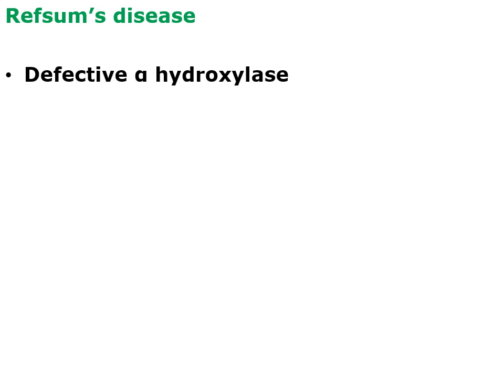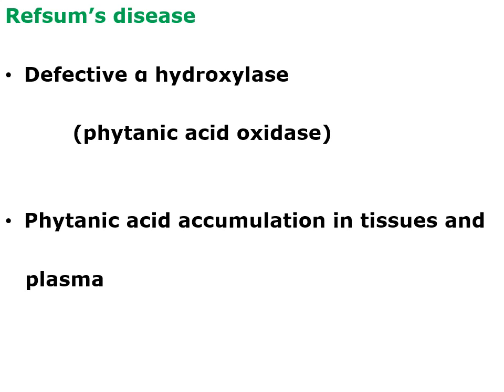When this is defective, it leads to a disorder called Refsum's disease. In Refsum's disease, alpha oxidation is defective because of a defect in alpha hydroxylase, which is also called phytanic acid oxidase.